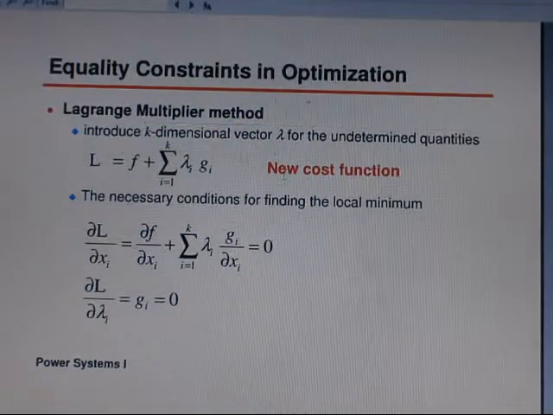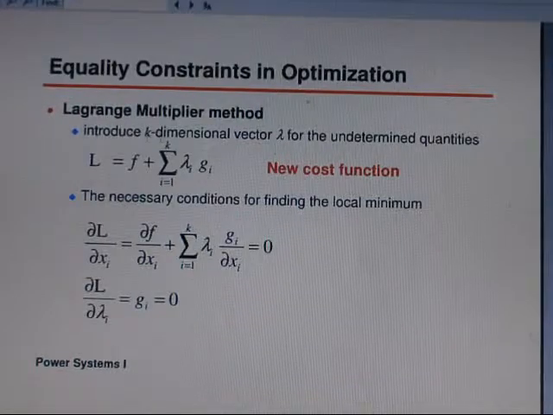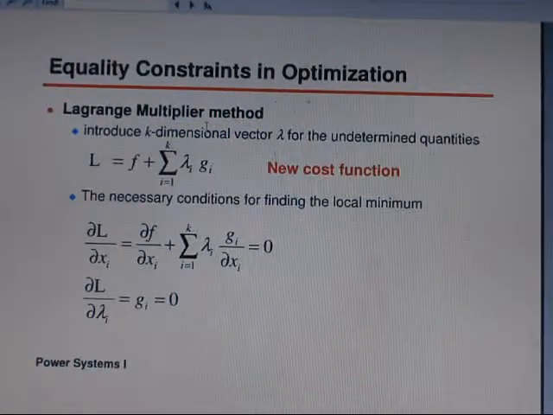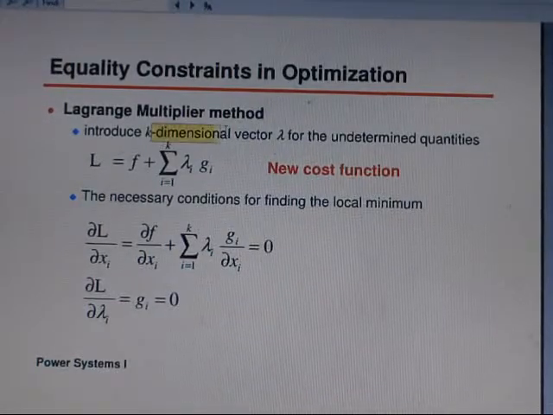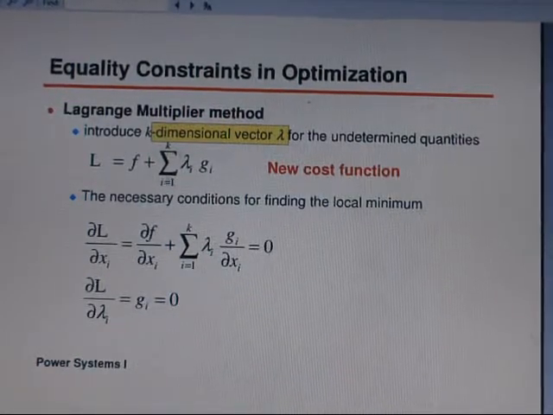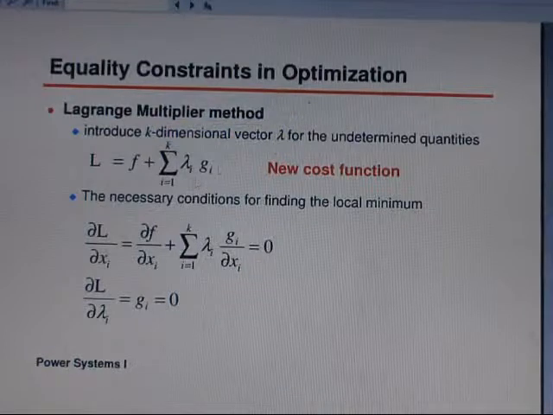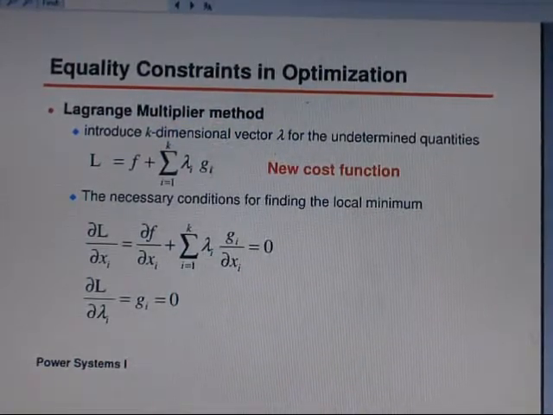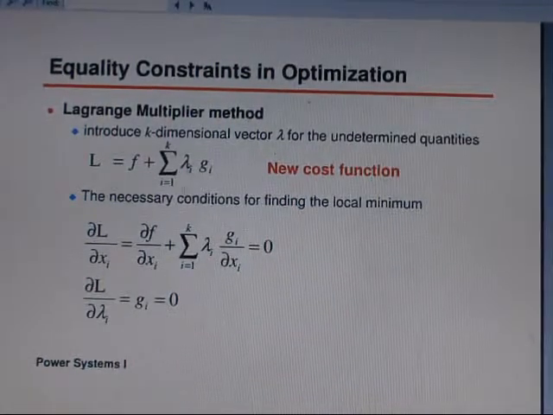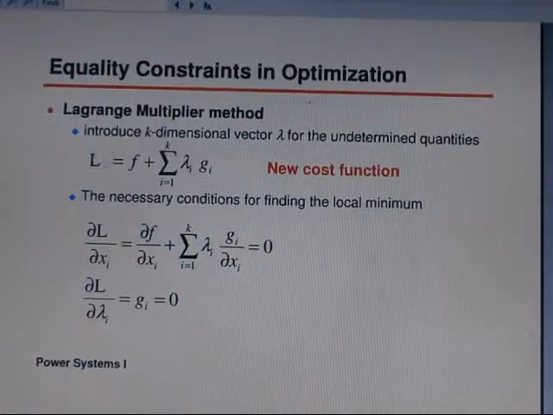This is the dimension, how many rows and columns. So this is the original cost function plus the summation i from 1 to k of lambda i times g i, where g i is the functional relationship between the parameters h1, h2, h3, and lambda is the k-dimensional vector.